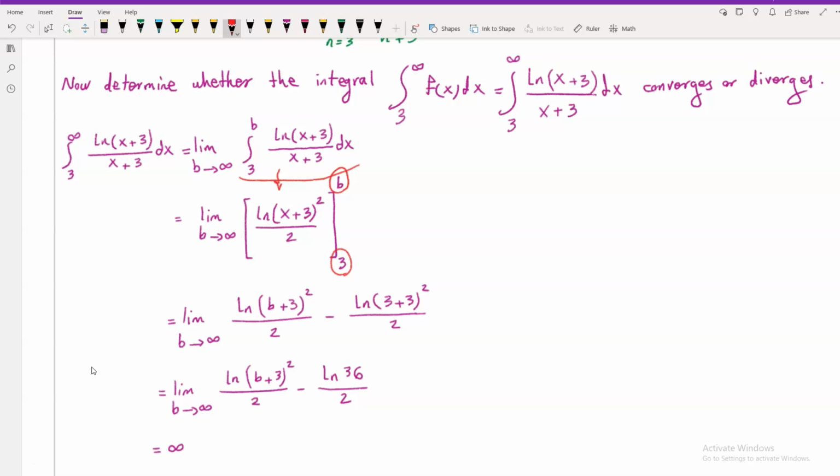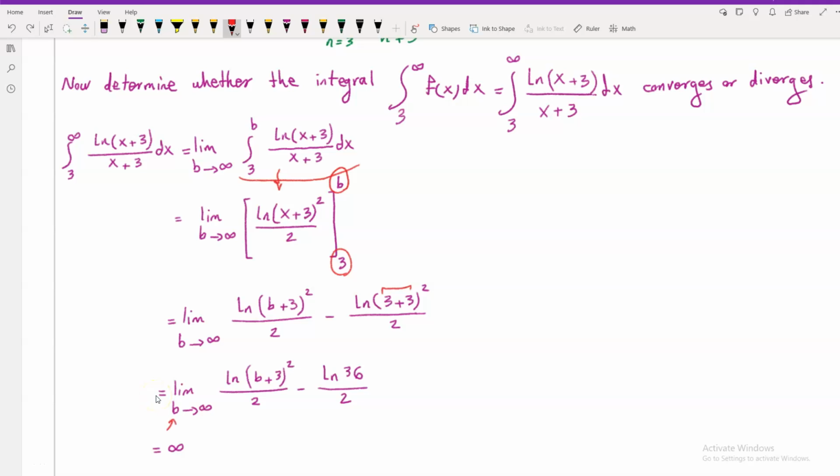So we have the limit of natural log of (b plus 3) squared divided by 2 minus natural log of (3 plus 3) squared divided by 2. Here 3 plus 3 is 6, and 6 squared is 36, so we have natural log of 36 divided by 2.